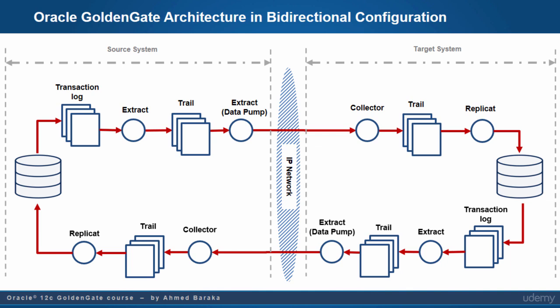With this configuration, any changes made to the data in the source database will be sent to the target database, and any change made to the target database will be sent to the source database. So this architecture allows the two databases to be in sync, and at the same time, the application can connect to any database.